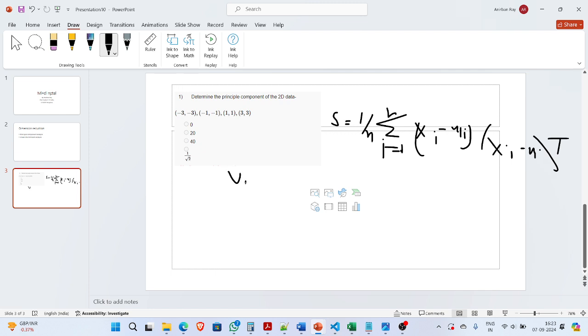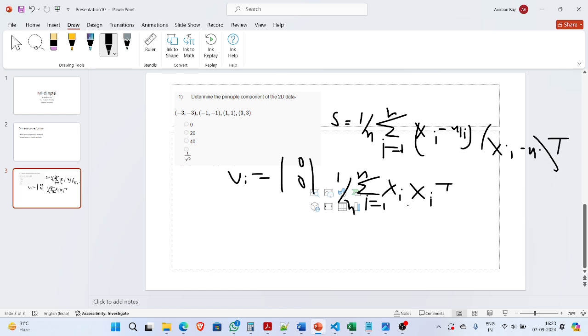Mu, as you can see, is the two-dimensional 0 vector. So this will simplify into 1 by n times the summation from i equals 1 to n of xi times xi transpose.